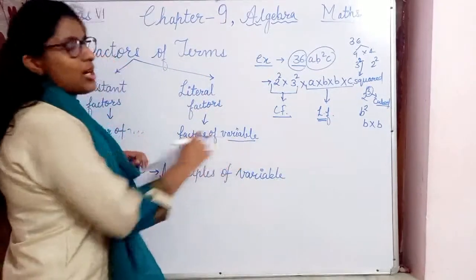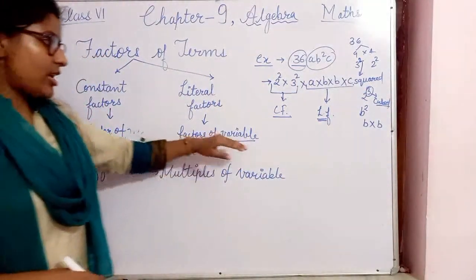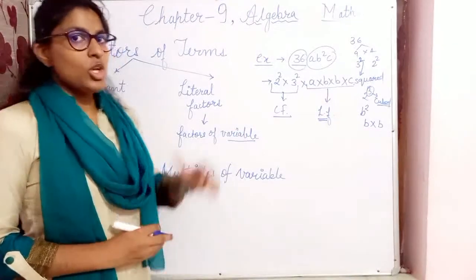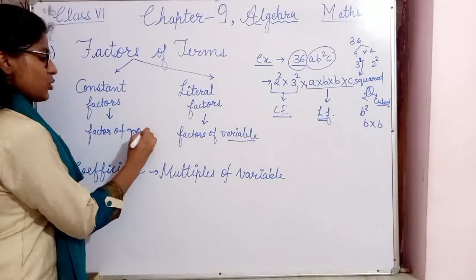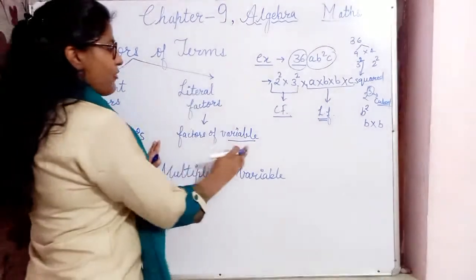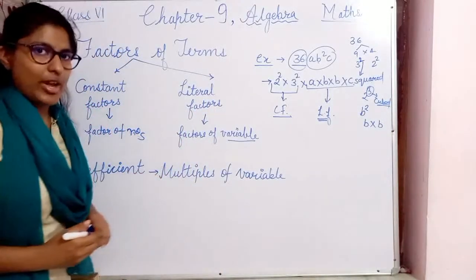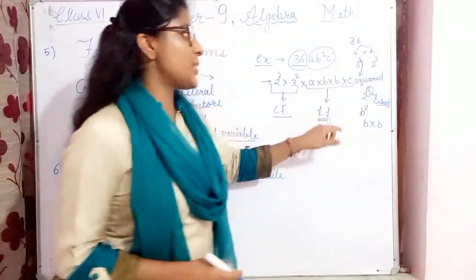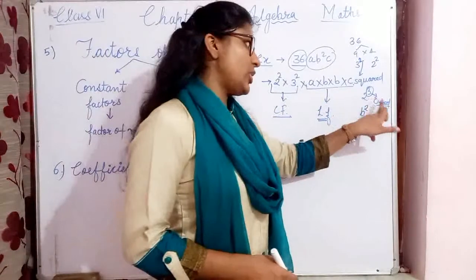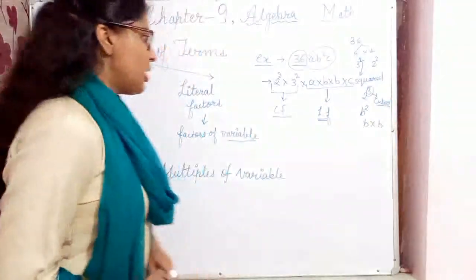Because variables are also known as literal numbers. So a factor of a fixed number, a constant number, is known as a constant factor, and factors of variables are known as literal factors. And whenever you write power 2, you can say squared, and if you write power 3, you can say cubed. Let's see the next.